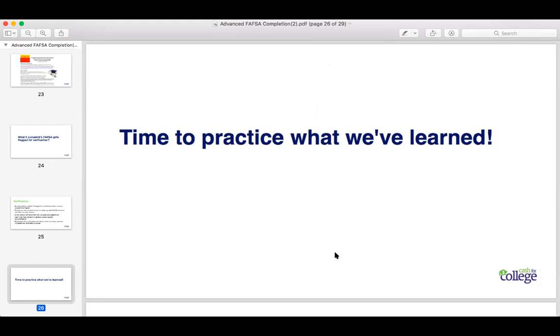Okay, so the next question is, a student says that he is 18 years old and independent and believes that he does not need to get his parents' information. Should the student be categorized as dependent or independent?